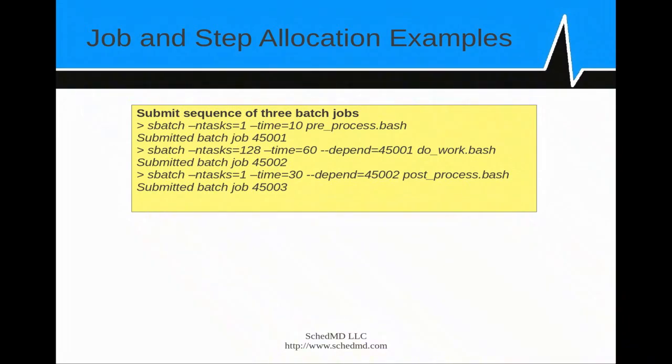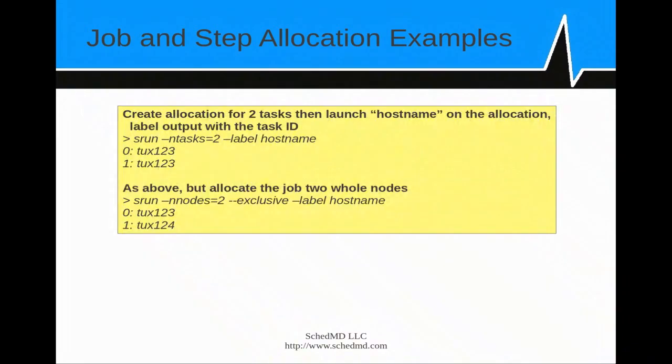Here's an example where you're creating a job allocation for 2 tasks and running something on that allocation, all in a single operation. So srun --ntasks=2. --label just means prepend on each line of output the task ID and the host, and then a colon.